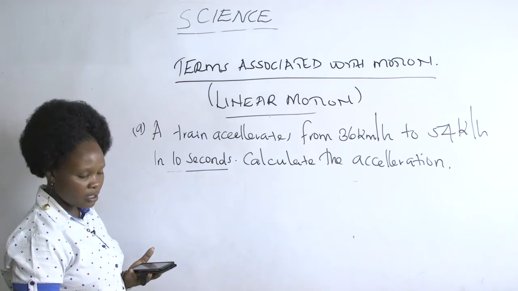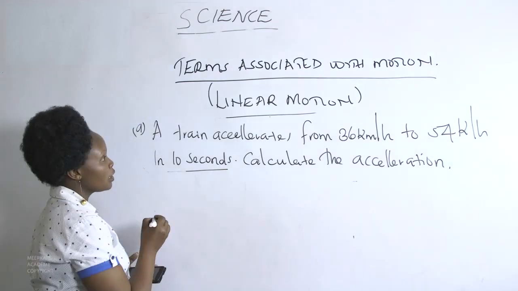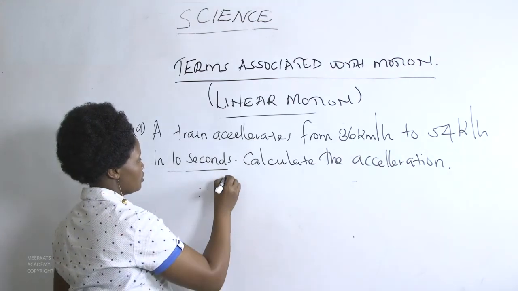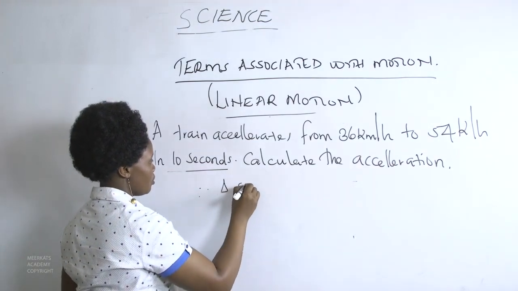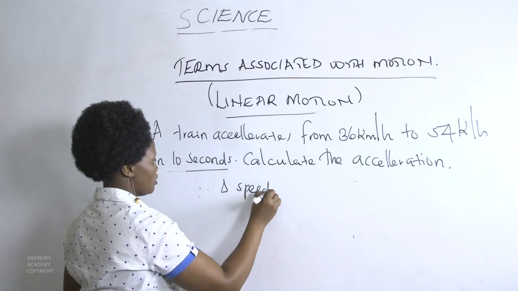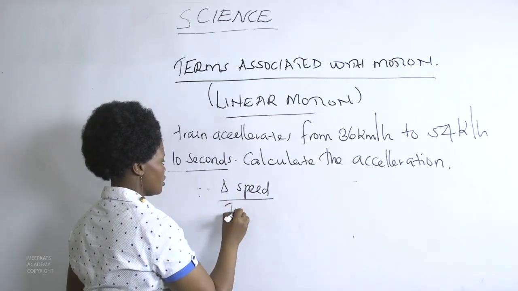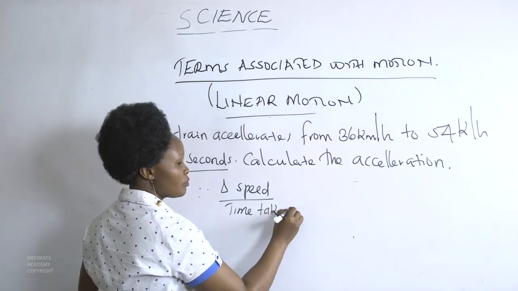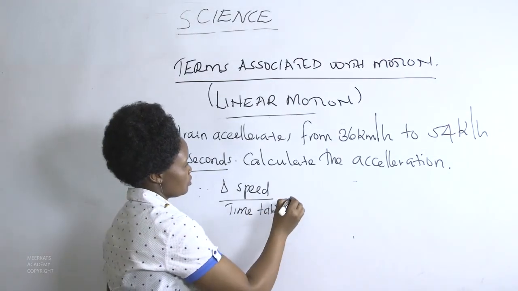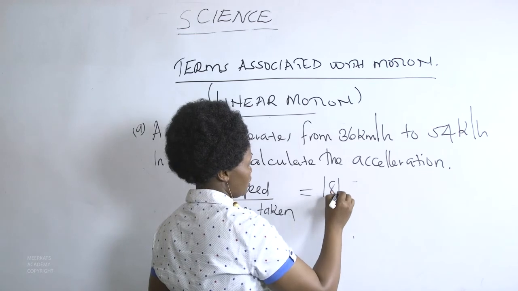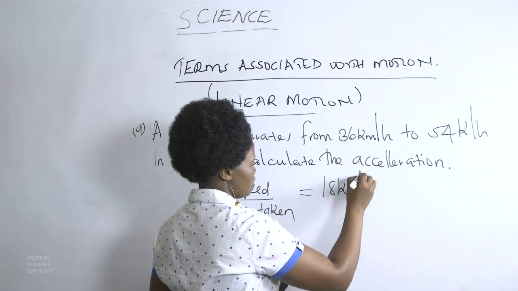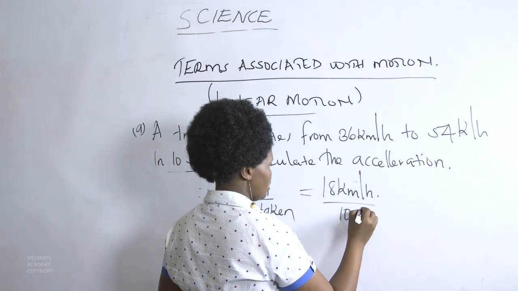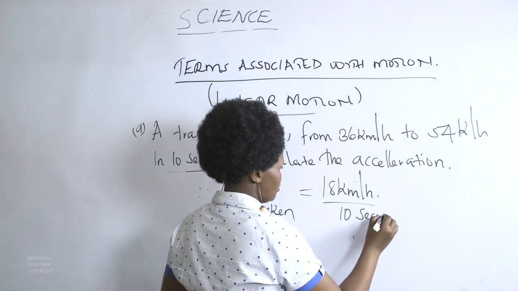That change has been realized in 10 seconds. Therefore, change in speed divided by the time taken leads us to 18 kilometers per hour divided by 10 seconds.